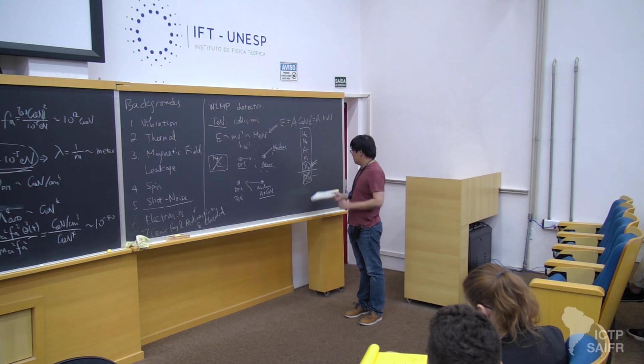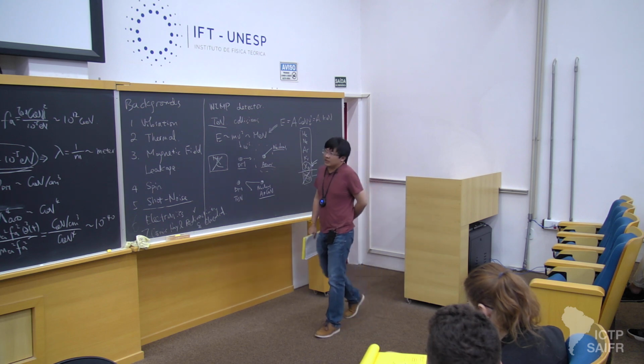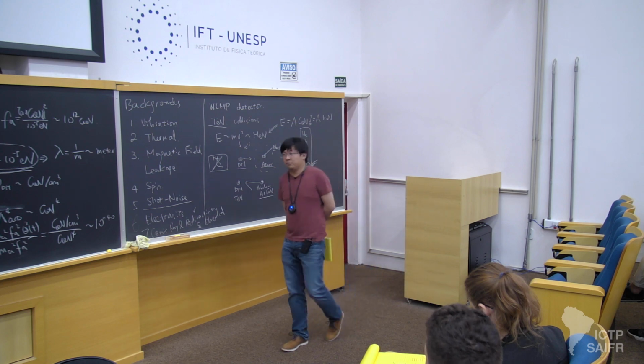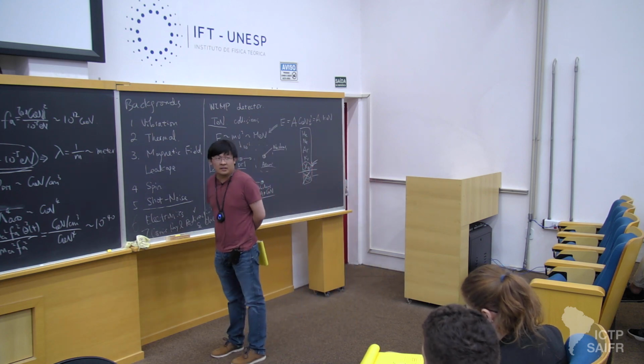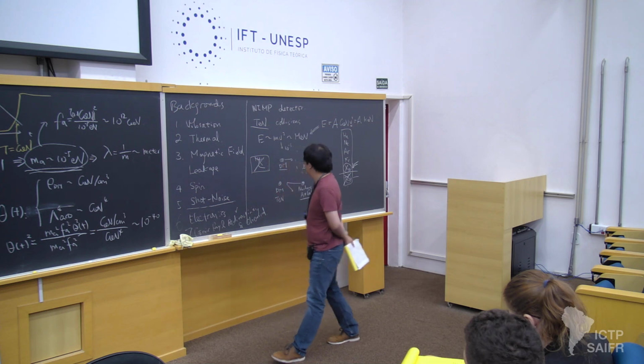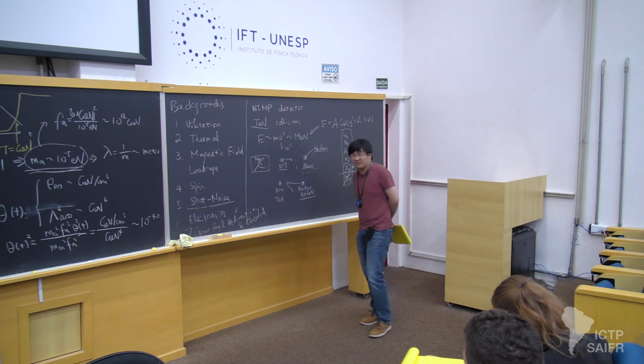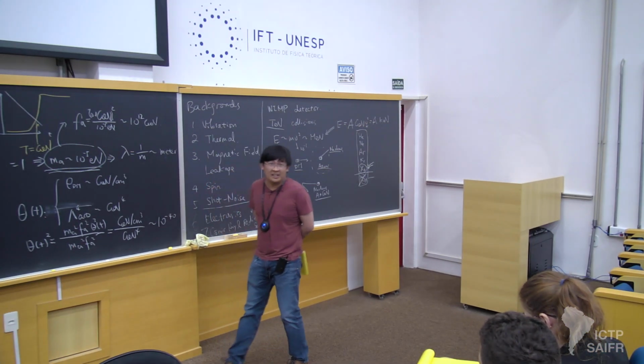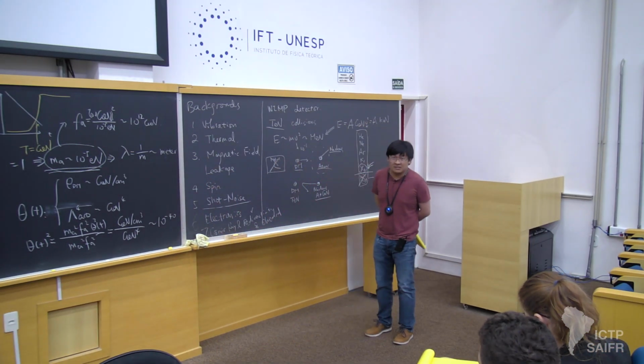And that's basically why people are mostly building xenon detectors for WIMPs. You have probably heard about things like XENON1T, XENONnT, LUX, LZ, PandaX. All of these are xenon detectors.